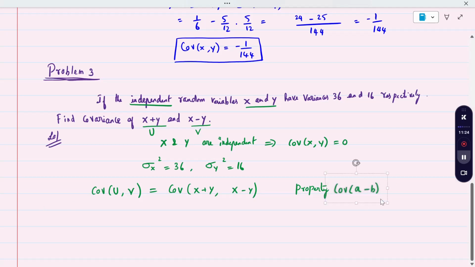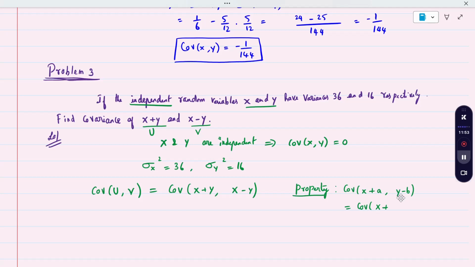Write it in full form. What is that property? If it is covariance of x plus a, comma, x minus b, how can I write it? So that it is easy for you to understand, I will use the second variable as y. Like this, x plus a and y minus b.